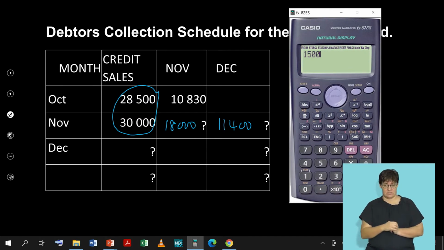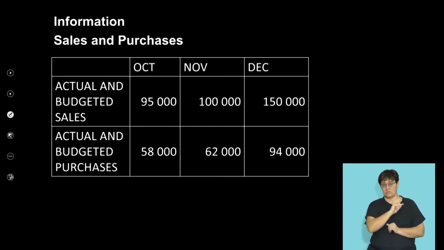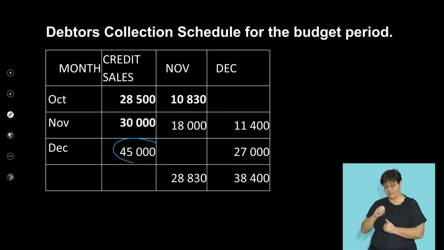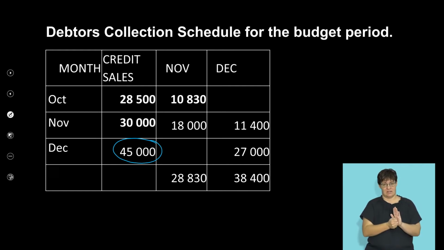150,000, okay, times my 30% to find my credit sales figure, and we find that that's a figure of 45,000 Rand. Okay, so therefore, there's my figure that I'm looking for. There's the 45,000 Rand that I had to calculate based on my total sales being converted to credit sales.